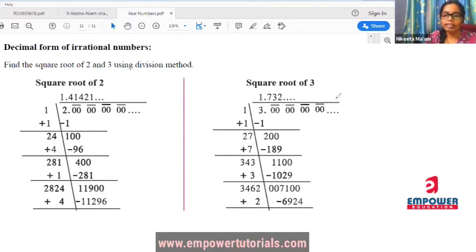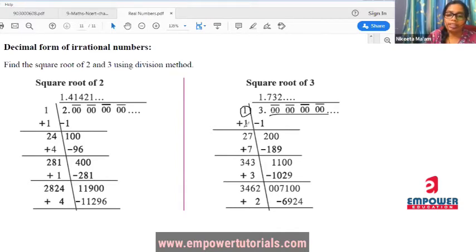Now in this case, suppose I want to find the value of root 3. So I'm going to write 3 over here, then a set of zeros over here, right? Then which number is a perfect square which is less than 3? So again 1 is there, so I'm going to take the square root of 1, which is 1 only.